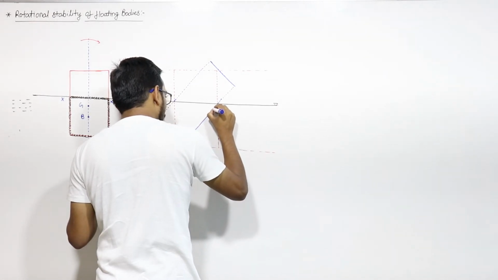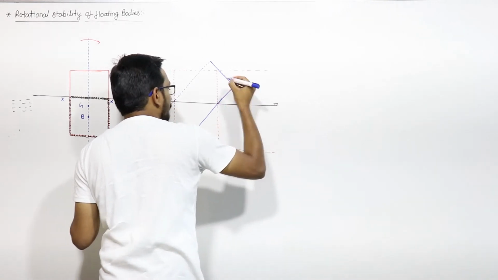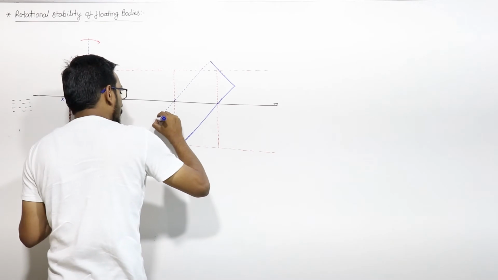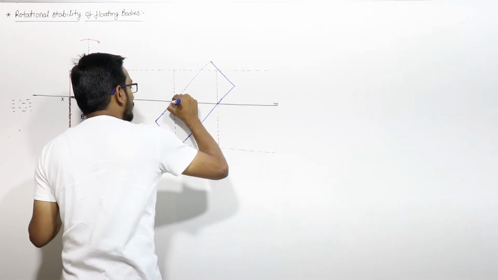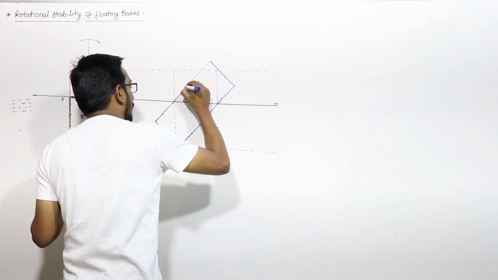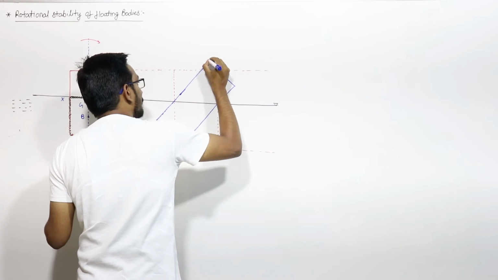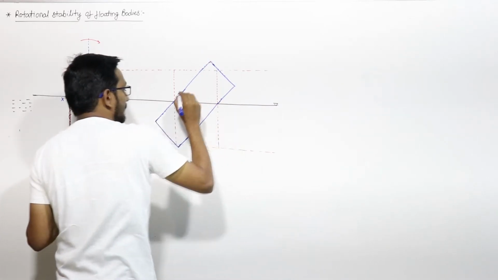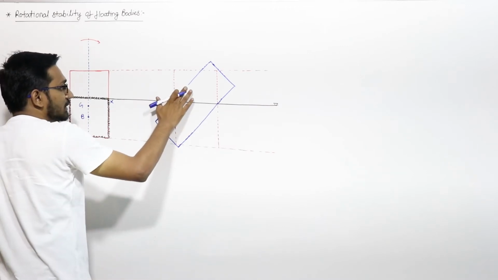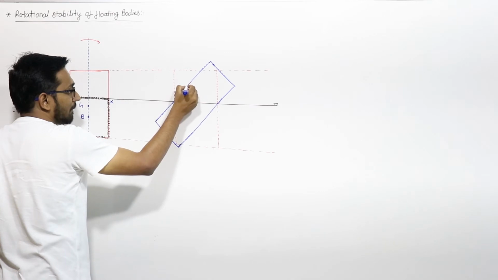And with the red color we show the body in its initial equilibrium, so that you will be able to understand better, right? So this is the shape of the body after tilting.